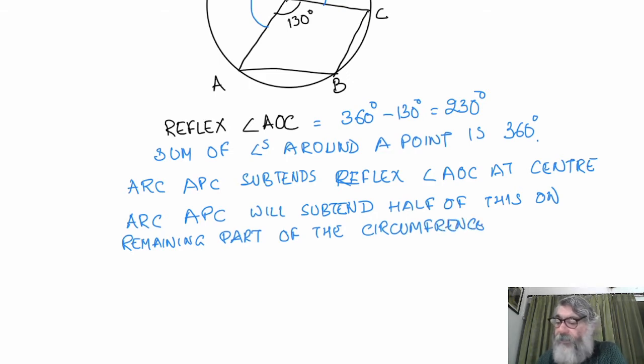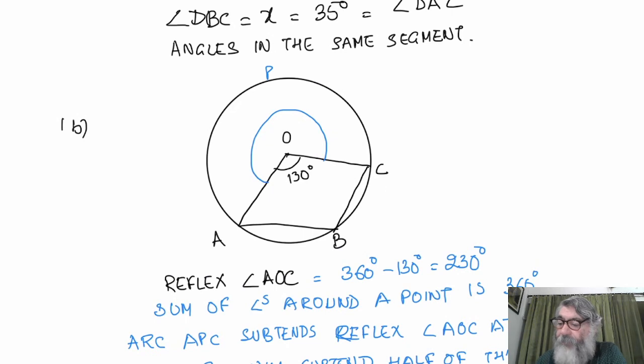You see, this arc APC has subtended this reflex angle AOC at the center. Now the same arc will subtend an angle at the remaining part of the circumference, but its value will be half. And that B is not going to be anywhere on APC. That B has to be somewhere here on the other side.